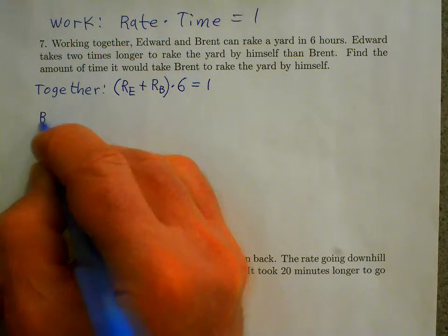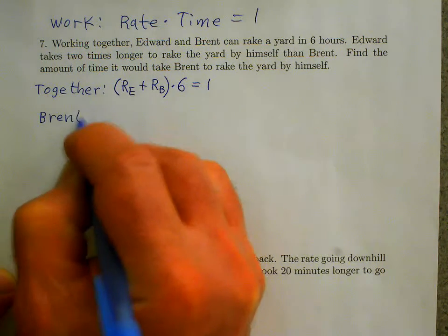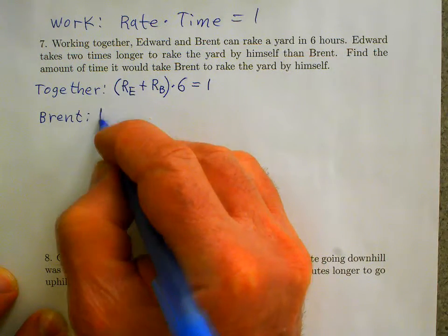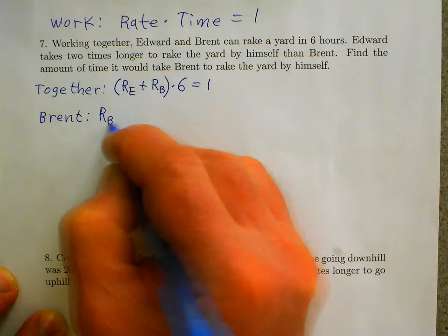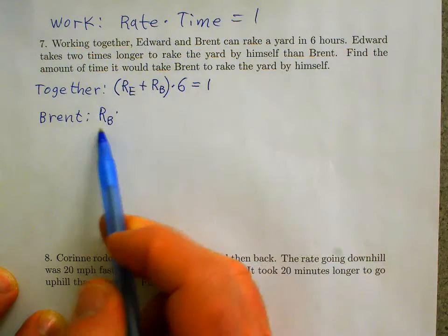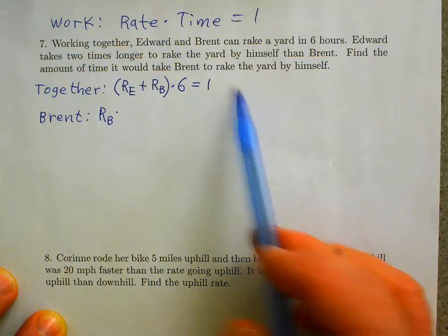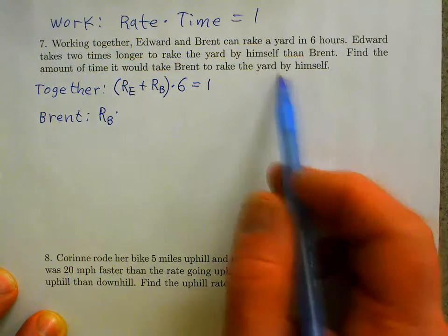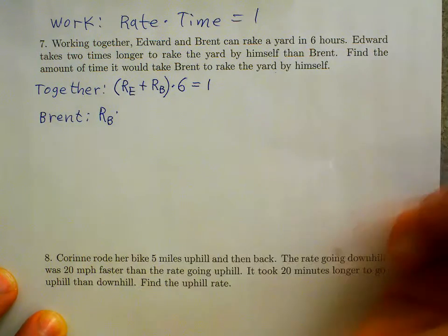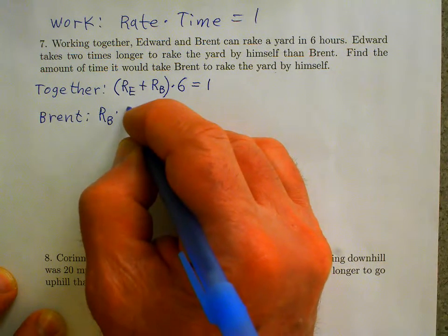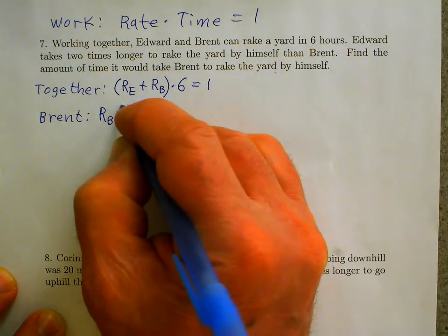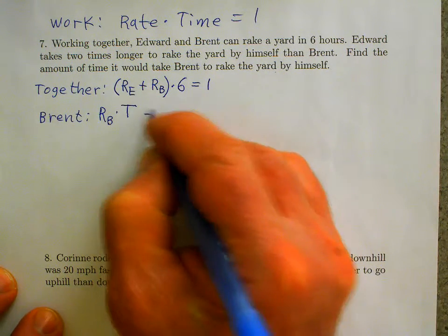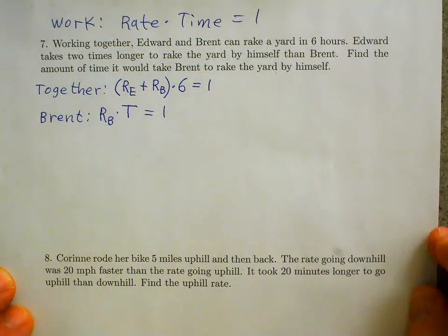Okay, so for Brent, we're using R sub B for Brent's rate. We're supposed to find the amount of time it takes Brent by himself, so we can pick a single variable like capital T to represent the amount of time it takes Brent to rake 1 yard by himself.